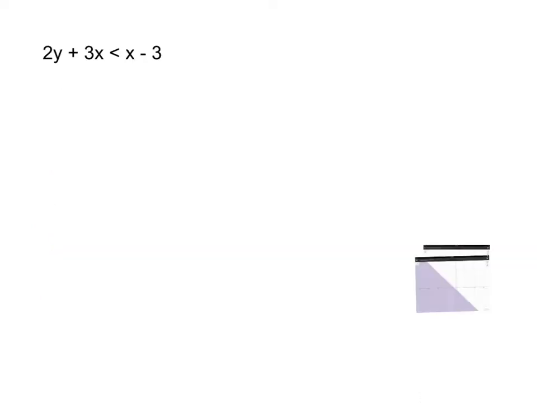Here's another one. Graph the solution set. You can kind of see it down there in the corner. But the first thing we have to do is get y by itself, right? Because we can't graph it when it's in that form. So we will isolate the y.